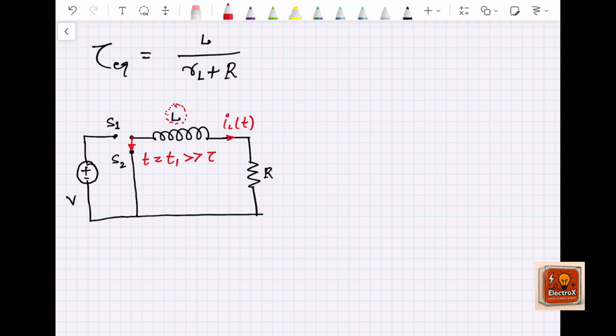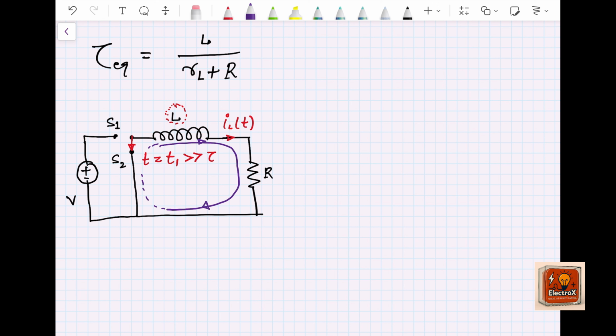As soon as we switch from S1 to S2, the inductor current cannot be interrupted abruptly, as the inductor has the property of opposing current change. It cannot allow a sudden change of the current. So it will not become zero; rather it will continue supplying energy to this resistance.